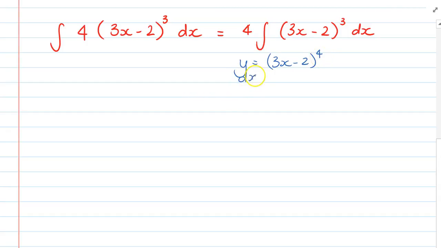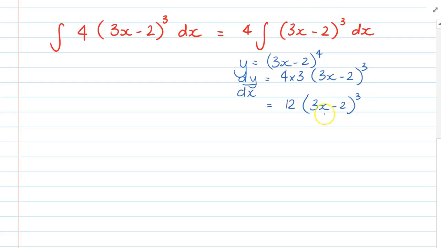So if I derive this, I get dy/dx is equal to, again using the chain rule, 4 times 3 outside of (3x - 2) to the power of 3. So I've got 12 outside of (3x - 2) to the power of 3.